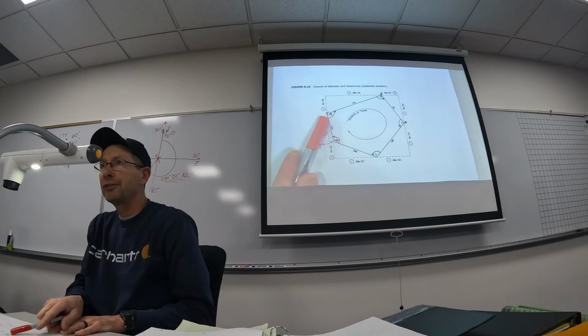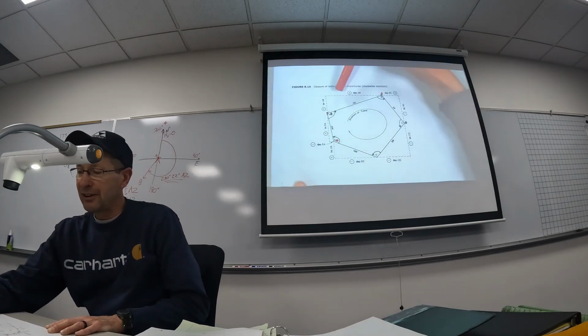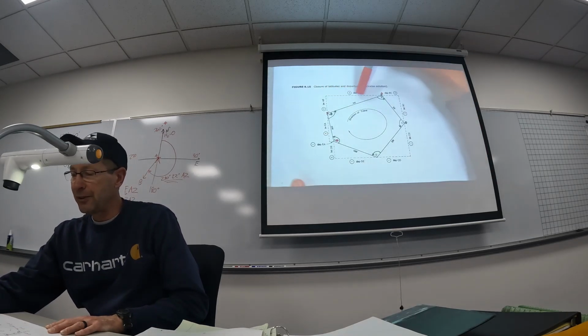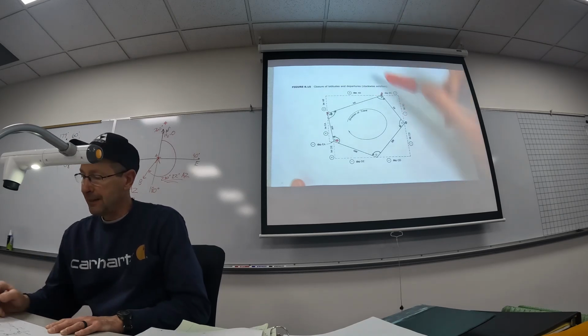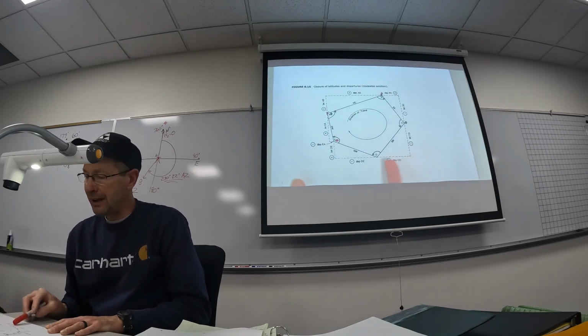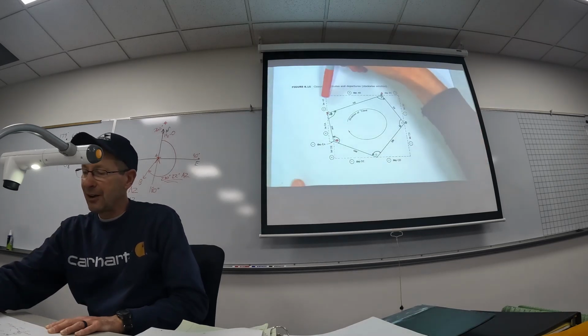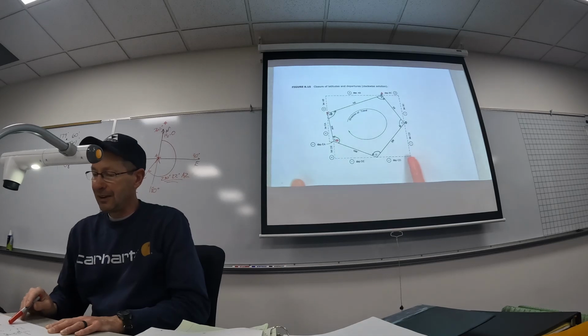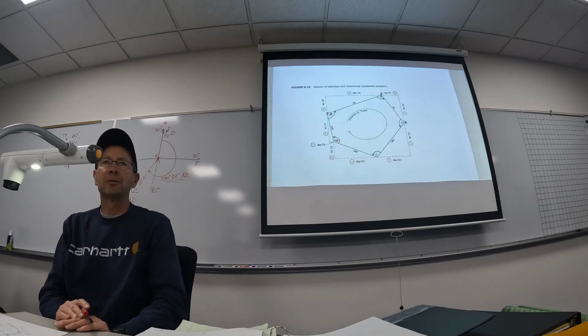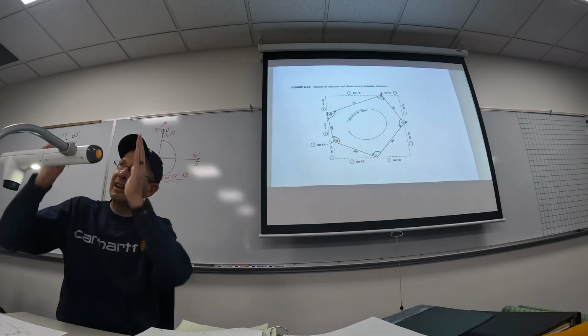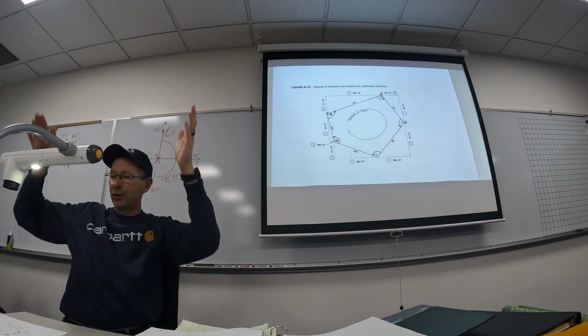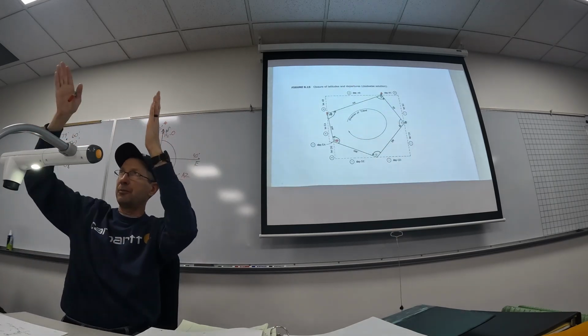I got back to where I started, right? So I've essentially said, if I could determine what this departure is and this departure is, I can get to one side. If I can come back the other way and get this departure and this departure, I can now see this to this, it should be the same, right? If it's not the same, we know that somehow when we took all 5 of these shots and turns, something happened.